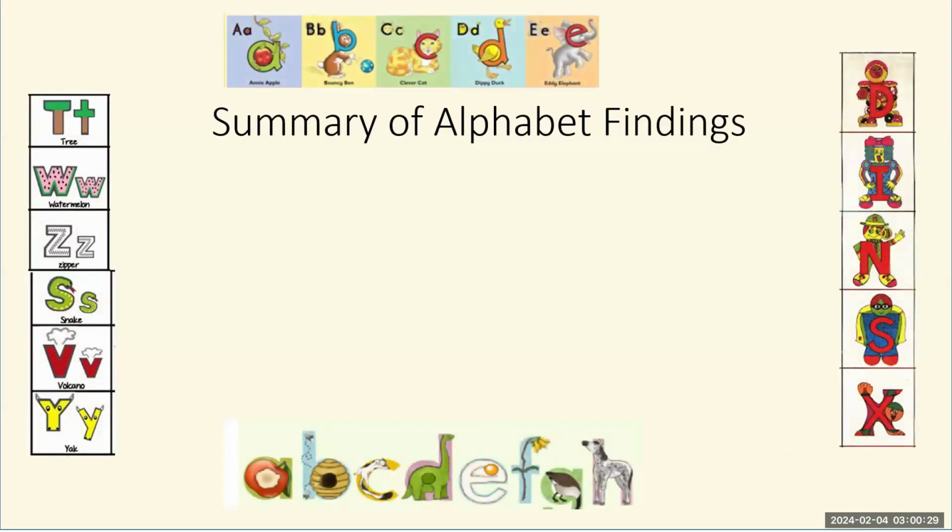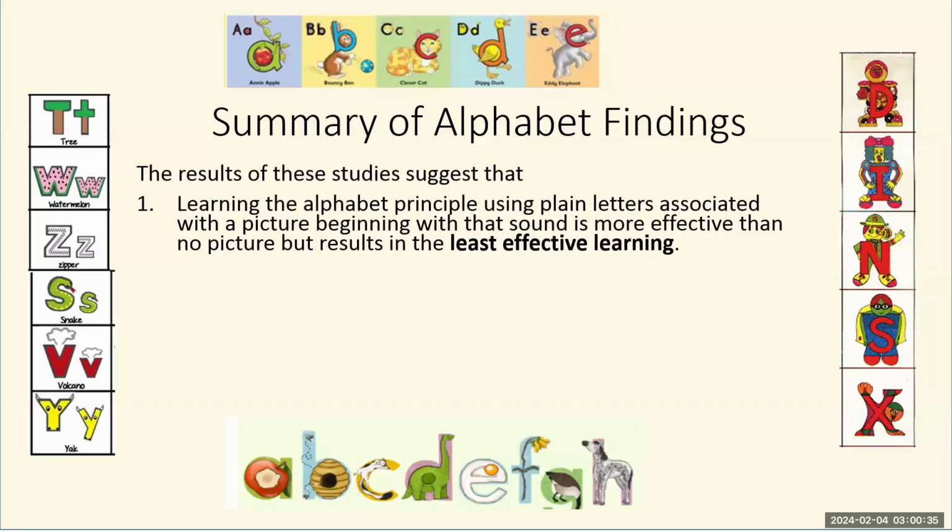All right, so let's give a summary of the alphabet findings before we move on. Learning the alphabet principle using plain letters associated with a picture beginning with that sound is more effective than no picture, but results in the least effective learning compared to other alphabets.